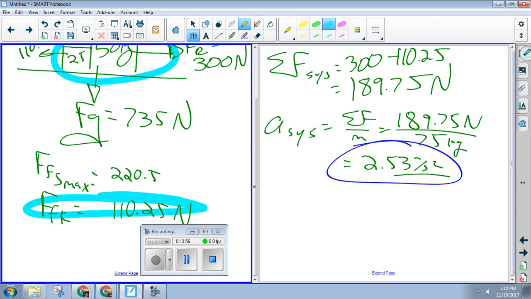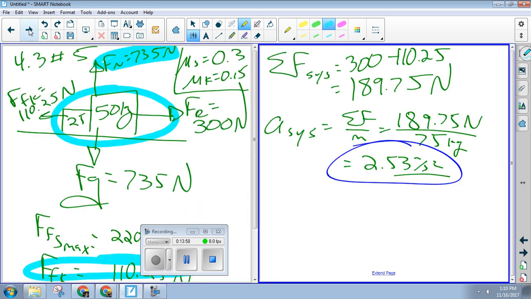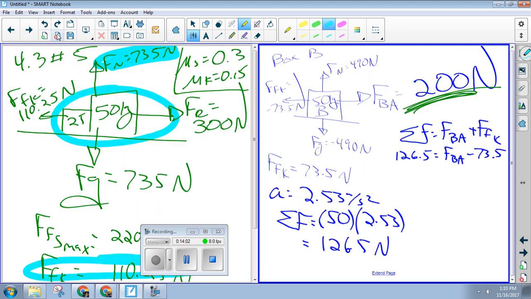Now, when I look at the individual boxes, you've got a different normal force, and therefore a different force of friction. Oh, okay. So I had to recalculate the friction by multiplying by the coefficient of friction again. Yeah. Follow? Makes sense.